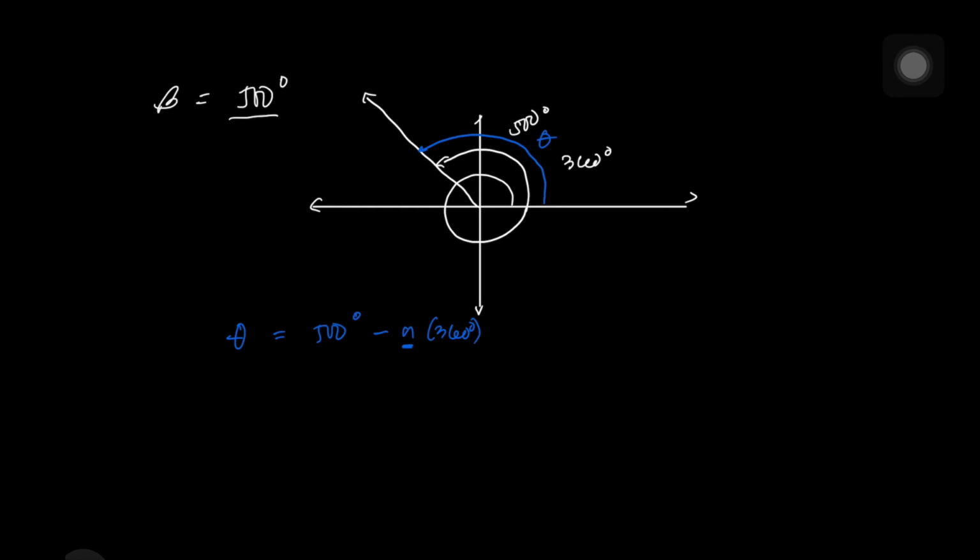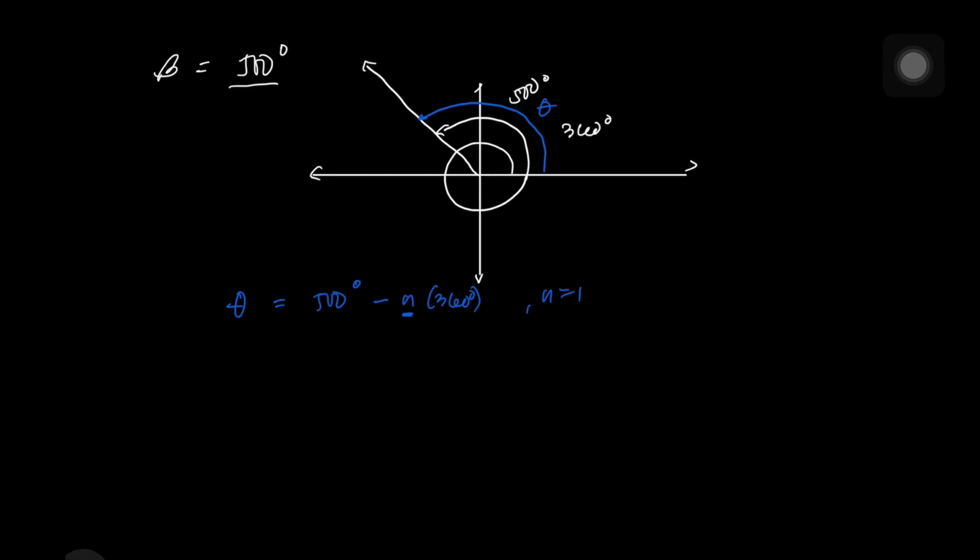In this case, n is 1, because two rotations is 720, and so on, multiples of 360. So theta is 500 minus 360 degrees, which is 140 degrees.